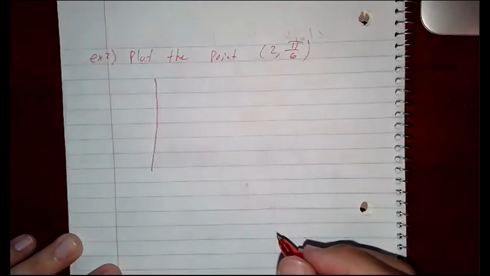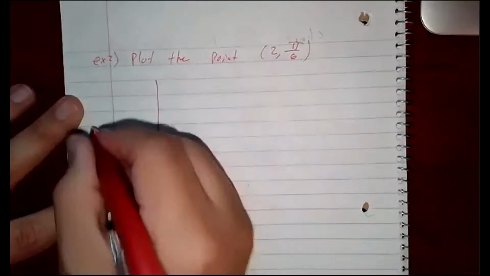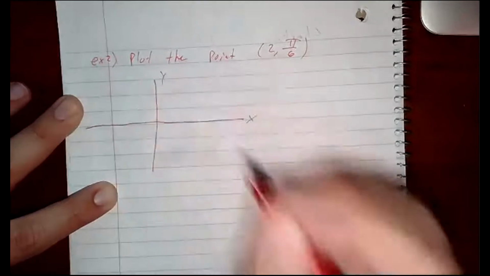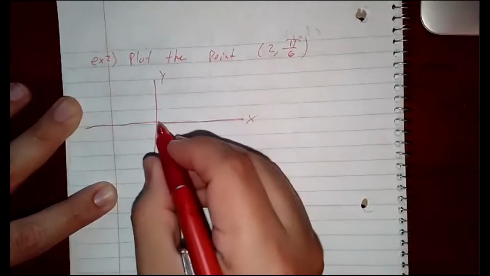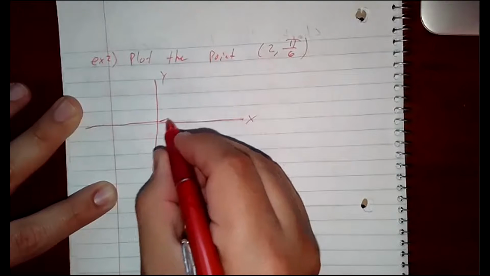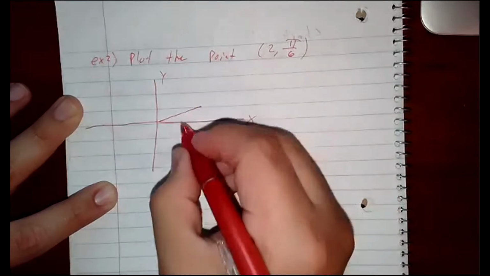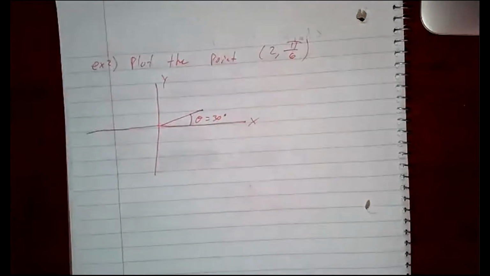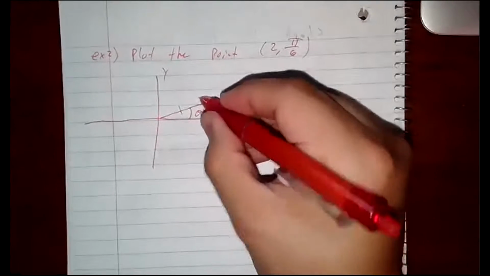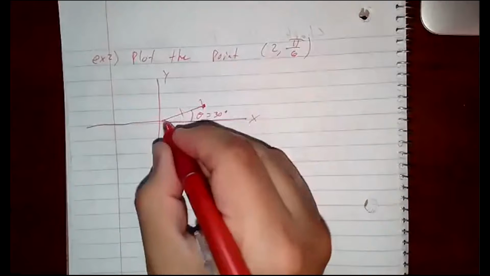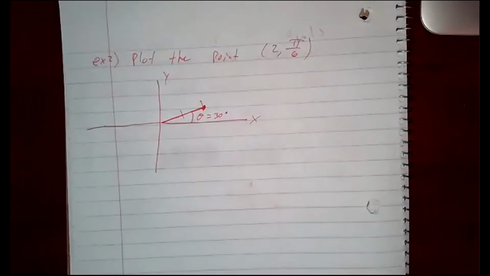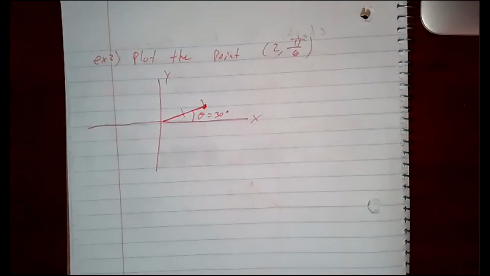Pi over 6 is what, 30 degrees, right? That's about here. So you would go 1, 2. So your graph would be this line here. Let me see if I can show you prettier pictures.